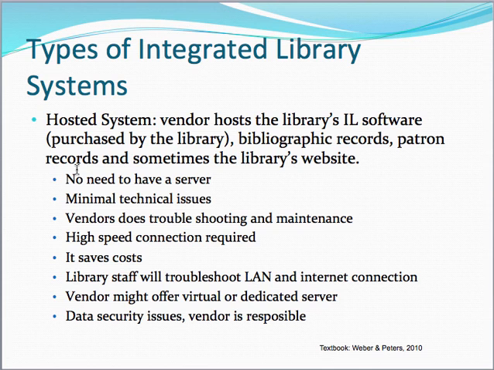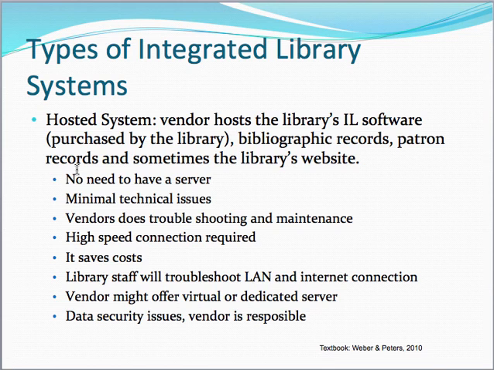The vendor does troubleshooting and maintenance, but of course you need a high-speed connection, because remember, all the access to your own information is going to be remote. Remember when we talked about remote access at the beginning of this lecture, about being able to access the Clarion Library website. Well, in this case, when you are in your own library, all the access will be remote because the server with the information won't be on site.